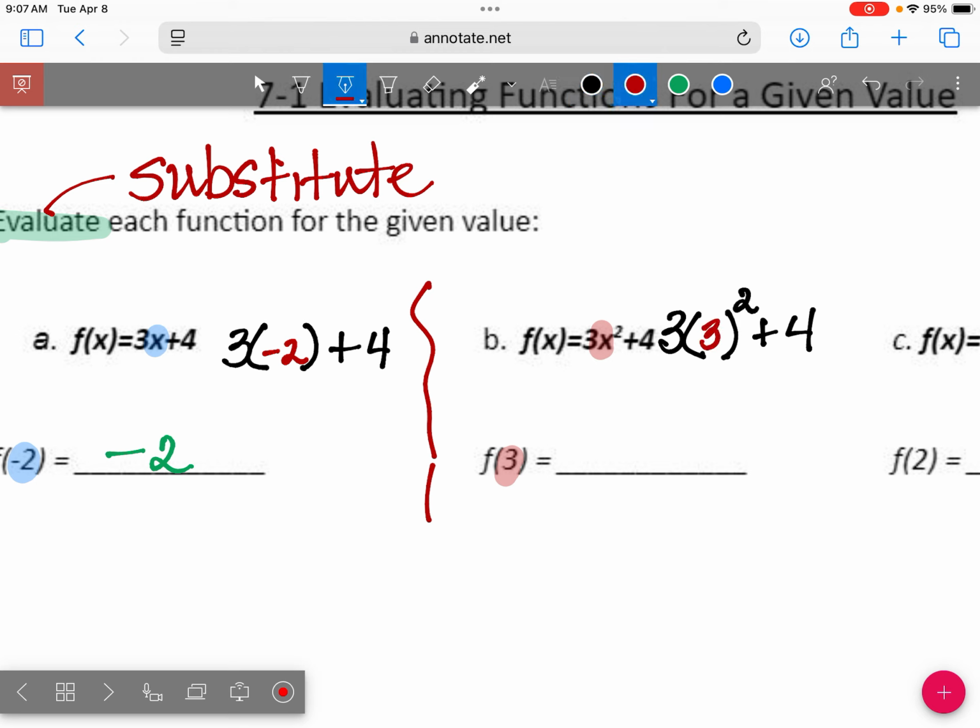So take 3 times 3 squared plus 4. All right, who has an answer for question B? 31. Who got 31? All right, good.